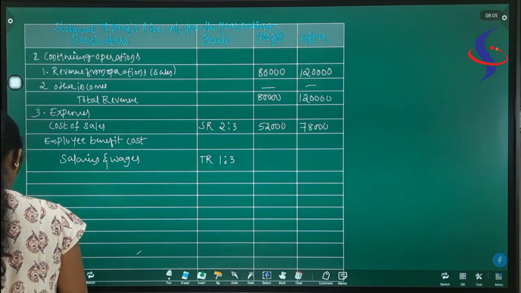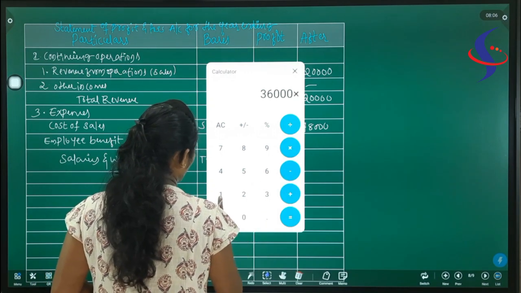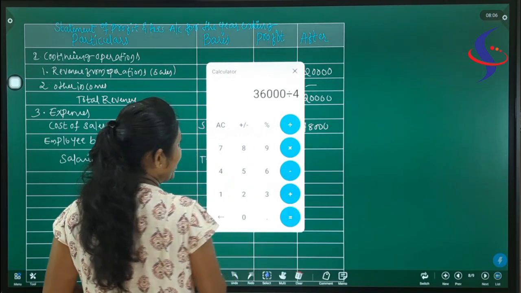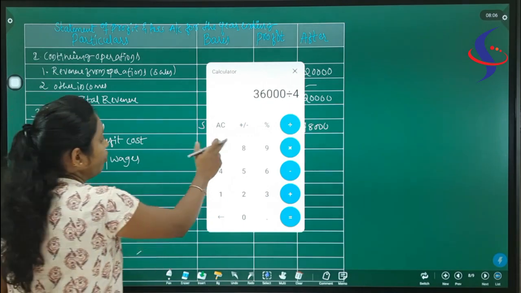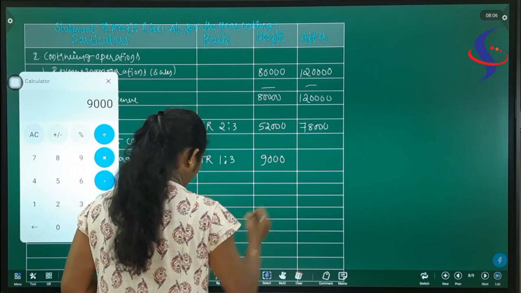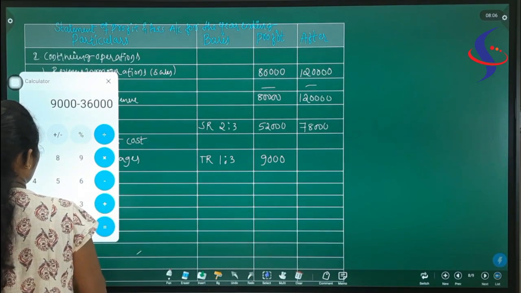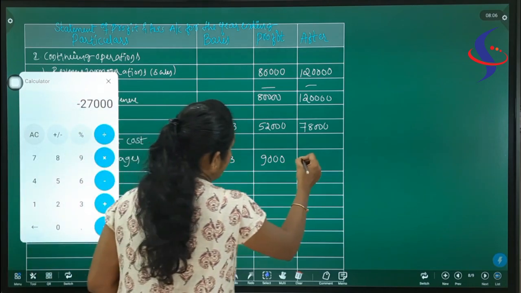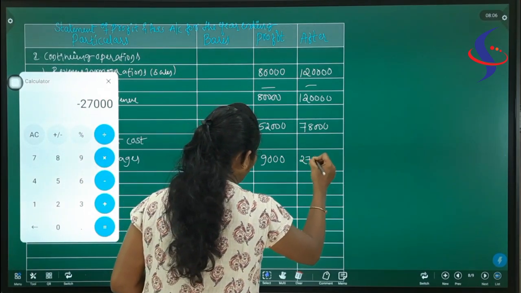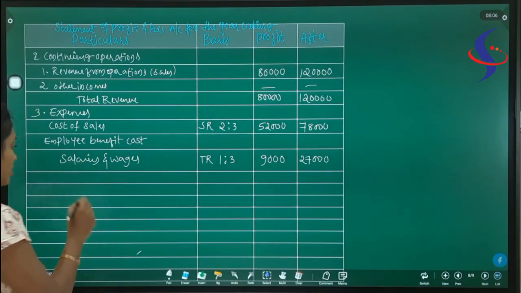Use your calculator: 36,000 into 1 divided by 4. 1:3, right? 1 divided by 4 will be 9,000, and 36,000 minus 9,000, the remaining 27,000, will come for the after period. This is salaries and wages.